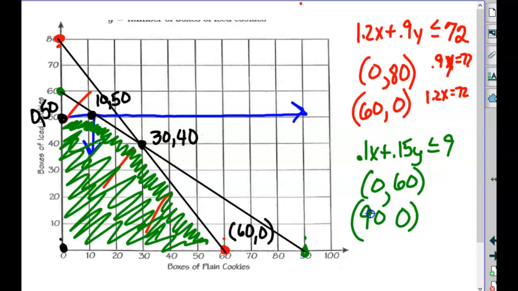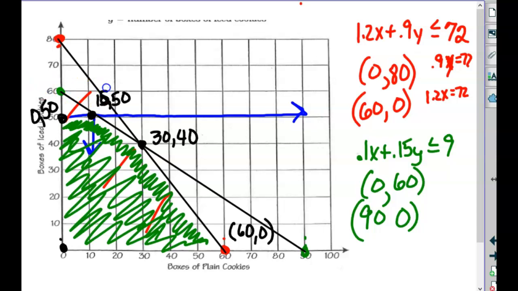What did I do? I was supposed to be putting 50 in for y, wasn't I? Oh, it's 9, not 90. 9 minus 0.15 times 50, and then divided by 0.1 is 15. So this one is (15, 50).